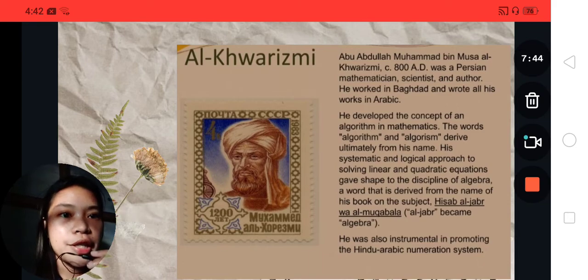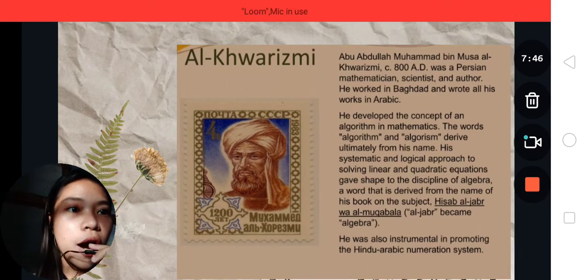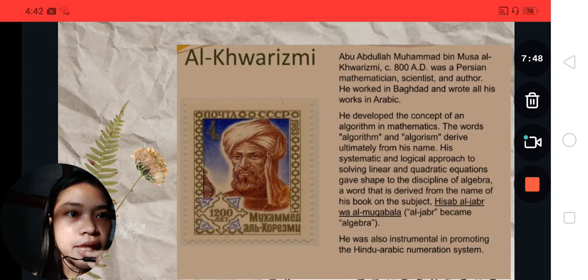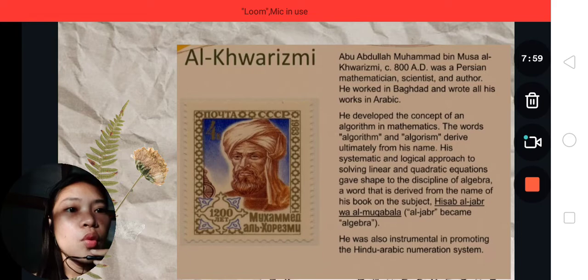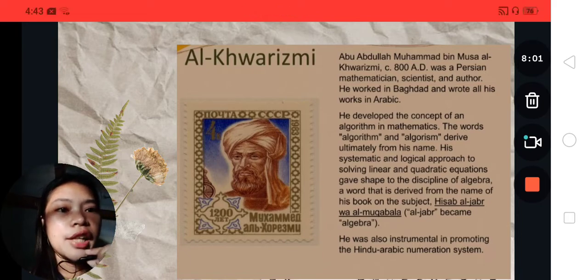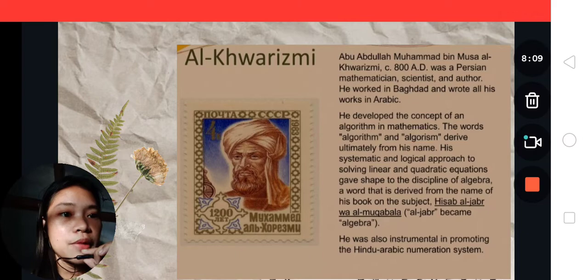Al-Khwarizmi, Abu Abdallah Muhammad bin Musa al-Khwarizmi, was a Persian mathematician, scientist, and author, and he worked in Baghdad and wrote all his works in Arabic. He developed the concepts of an algorithm in mathematics, and the words algorithm and algorism derive ultimately from his name.